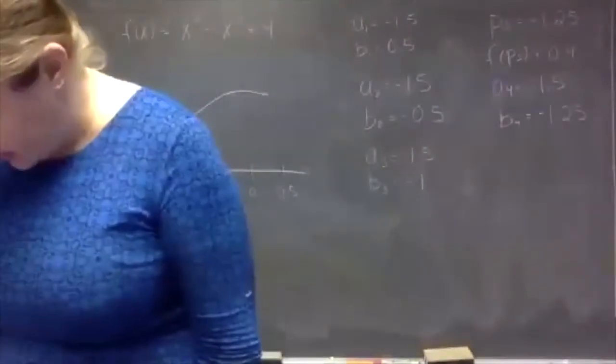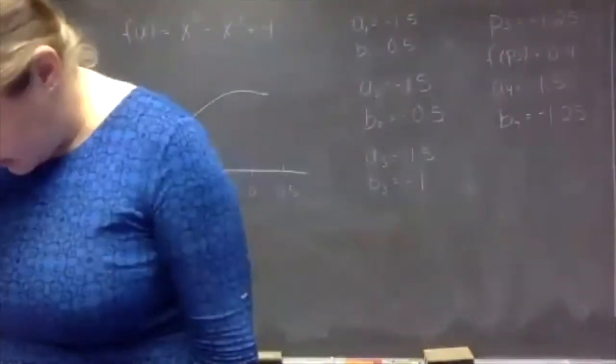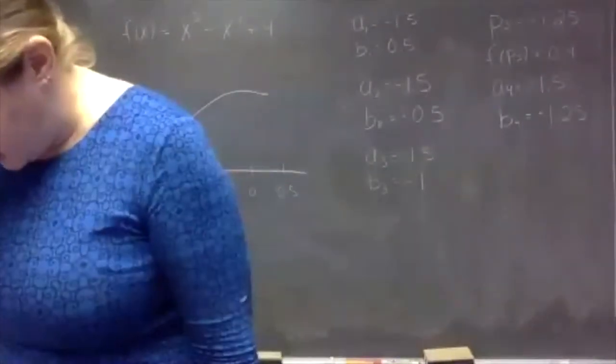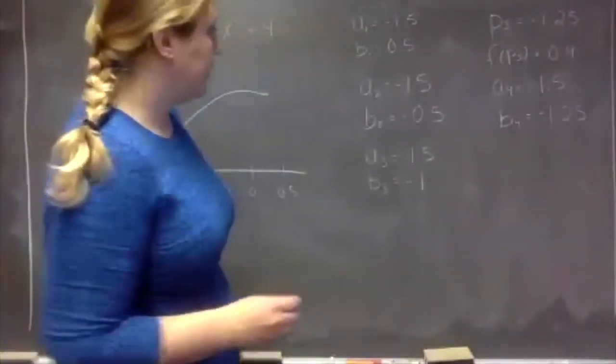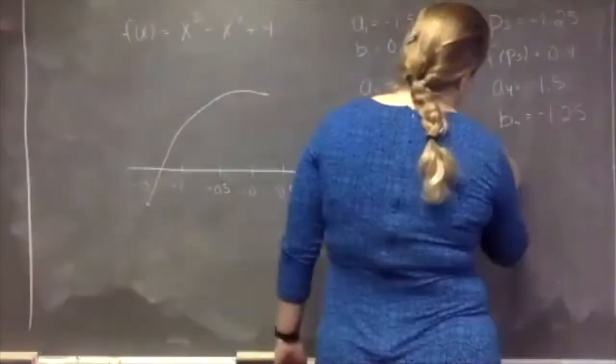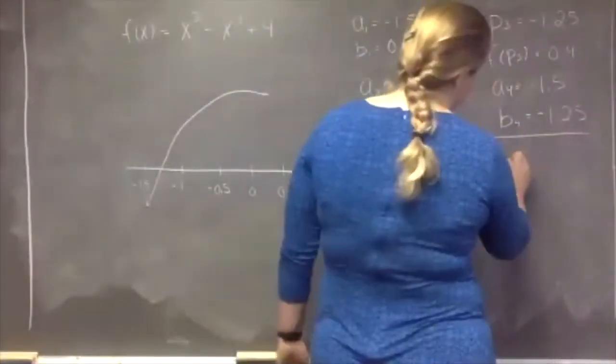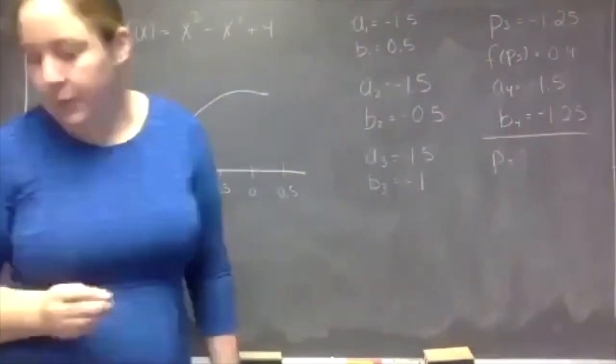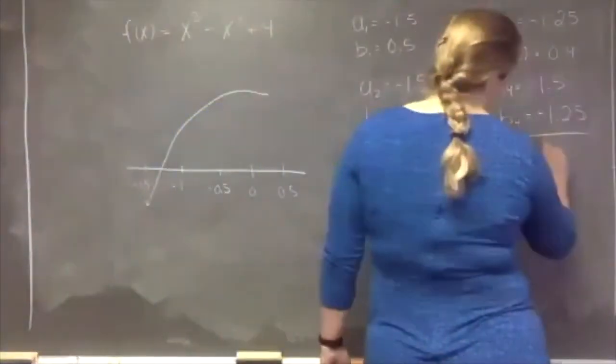Sorry, I have to type in the right numbers to get the right answer. It works that way. Okay. So our next P, so this is the next iteration, P4 is negative 1.375.